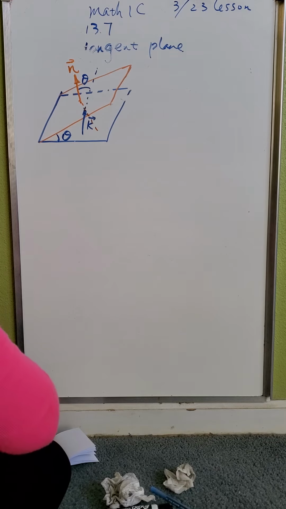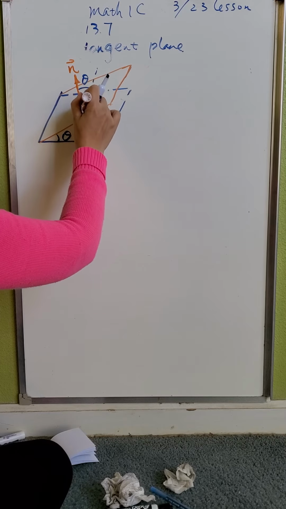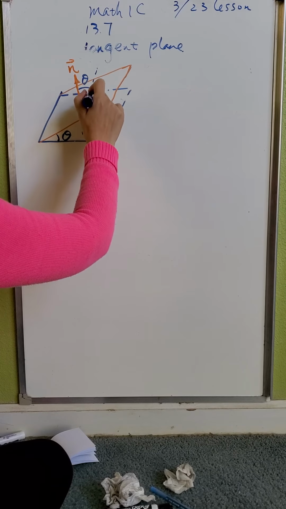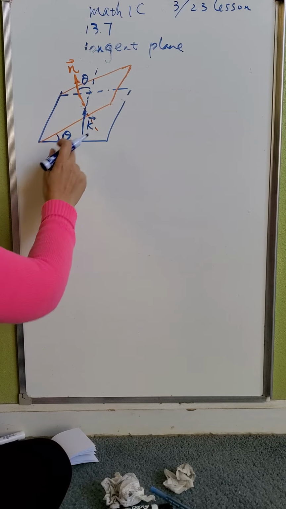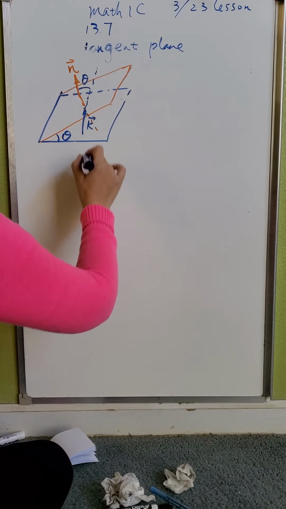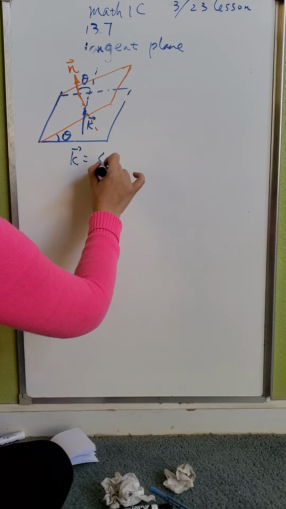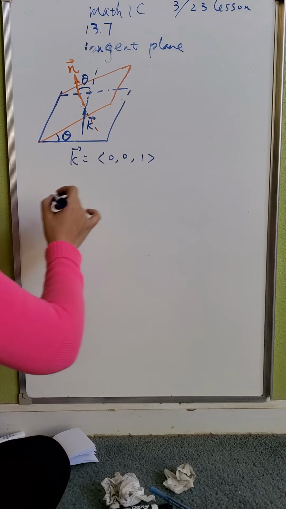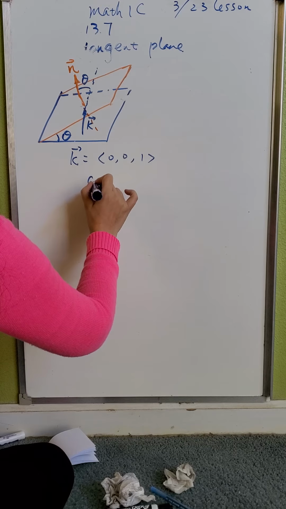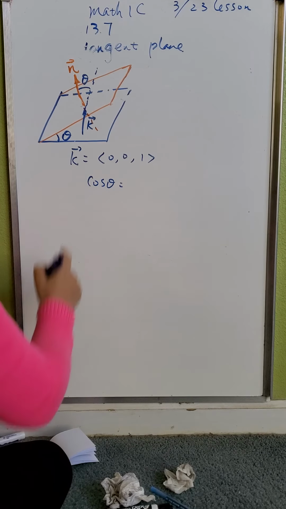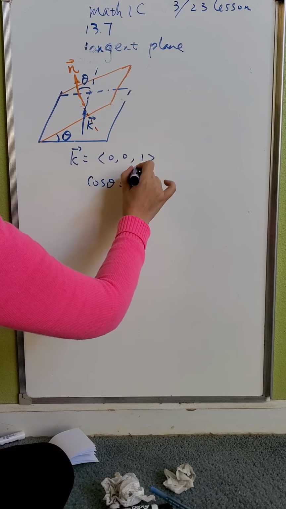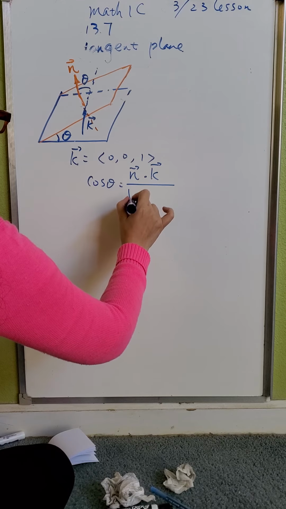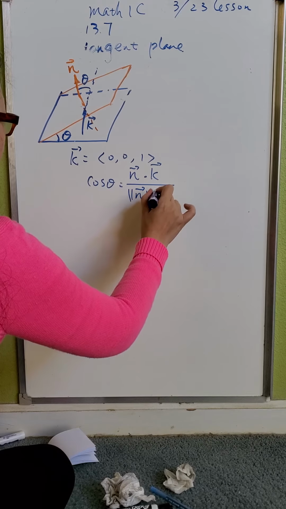K is just equal to (0, 0, 1), you know that. And the formula to find theta is cosine theta equals N dot K over the length of N times the length of K. We learned this before.